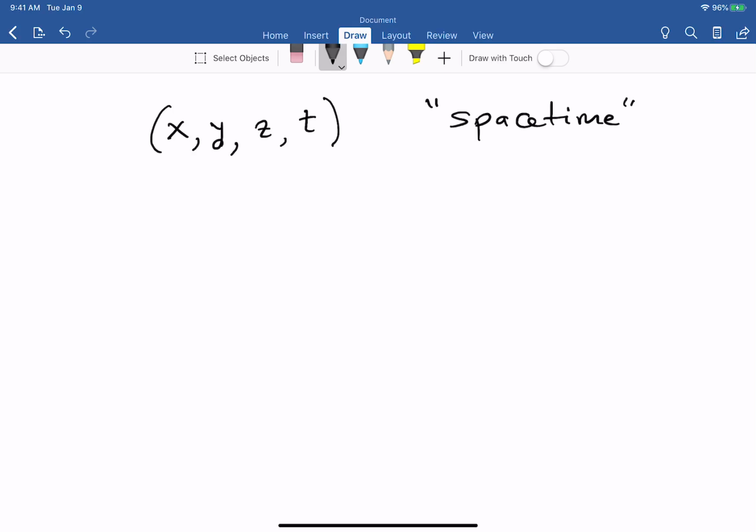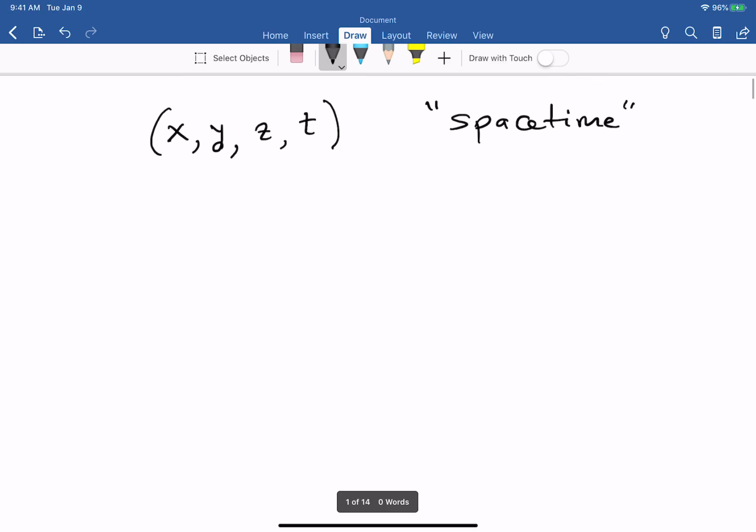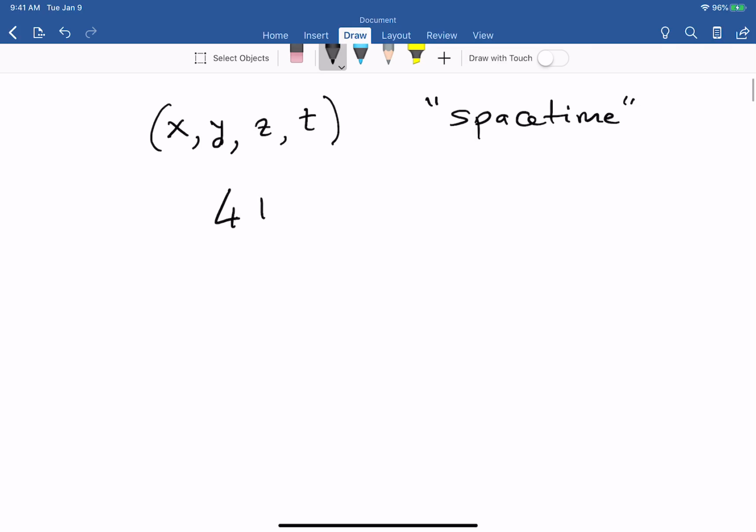So you can think of space-time as a sort of four-dimensional fabric. So that is what space-time is. It's like a four-dimensional fabric, right? What does this have to do with gravity?